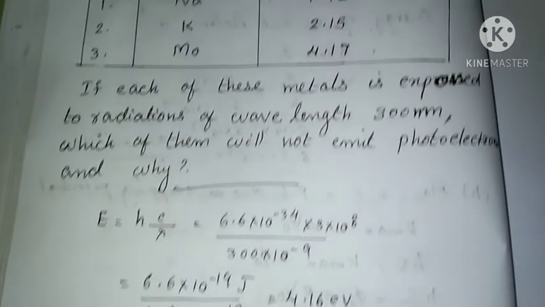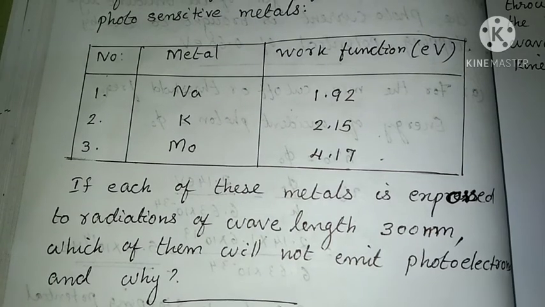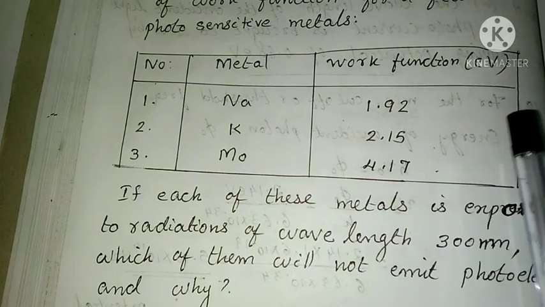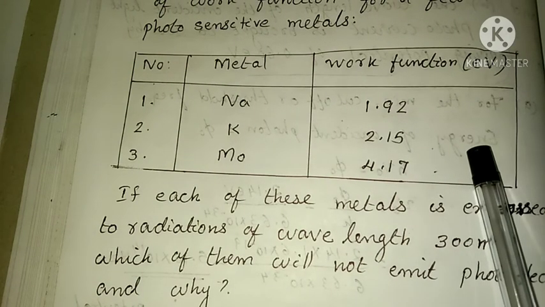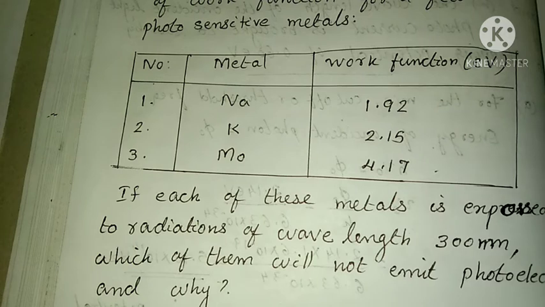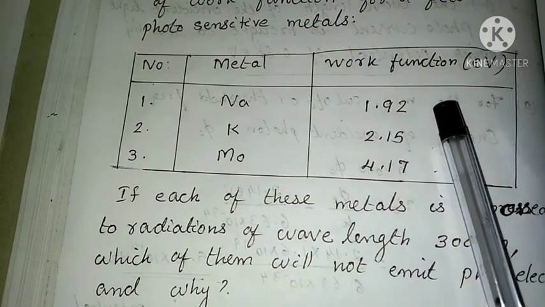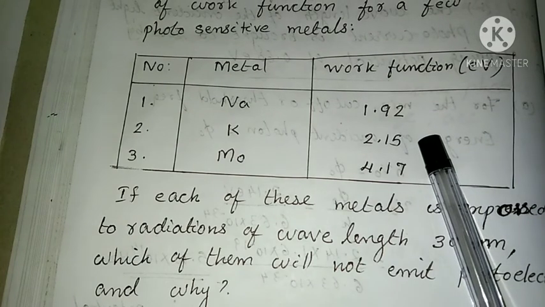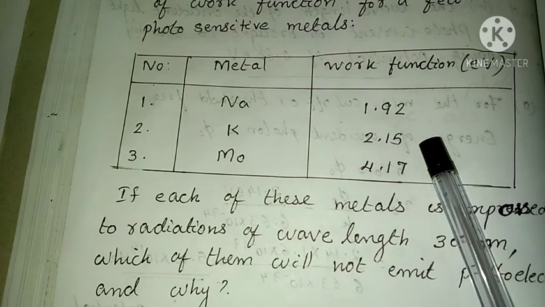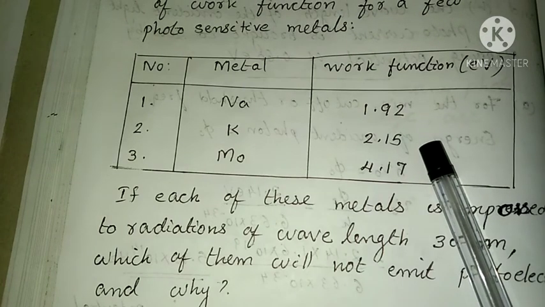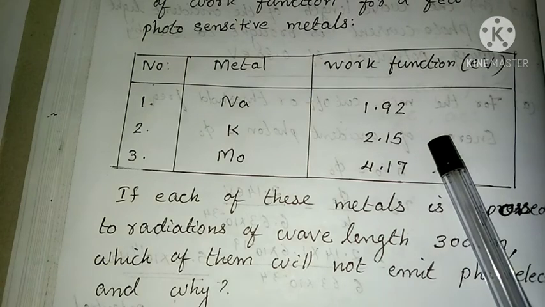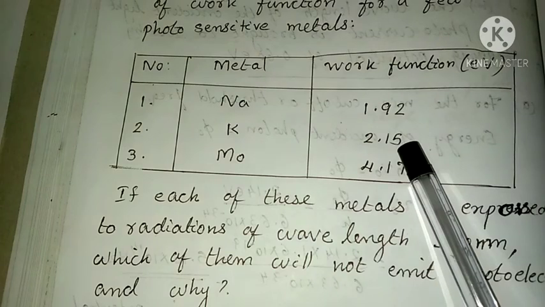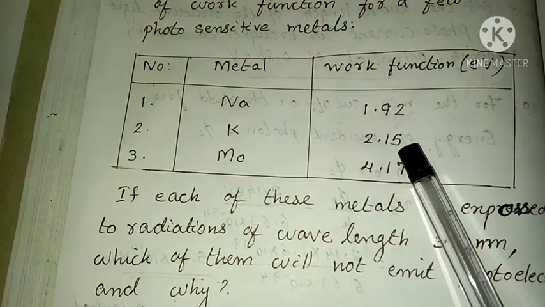Here the work function of sodium and potassium metals are 1.92 and 2.15 respectively. Work function means the minimum energy required to emit the electrons from the metal surface. So these metals need this much energy to emit electrons. But the energy of the incident photon is 4.16 electron volt, which is greater than the work function of sodium and potassium, so they will emit electrons.